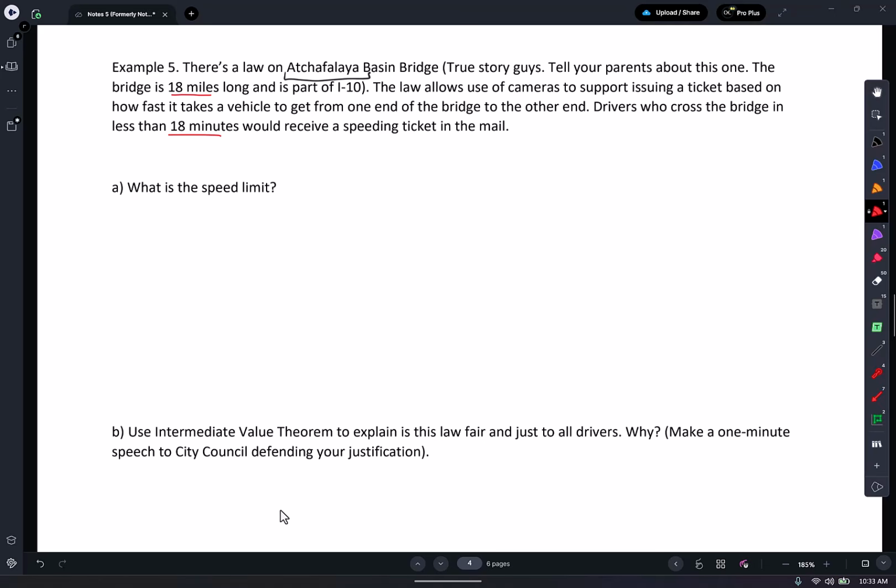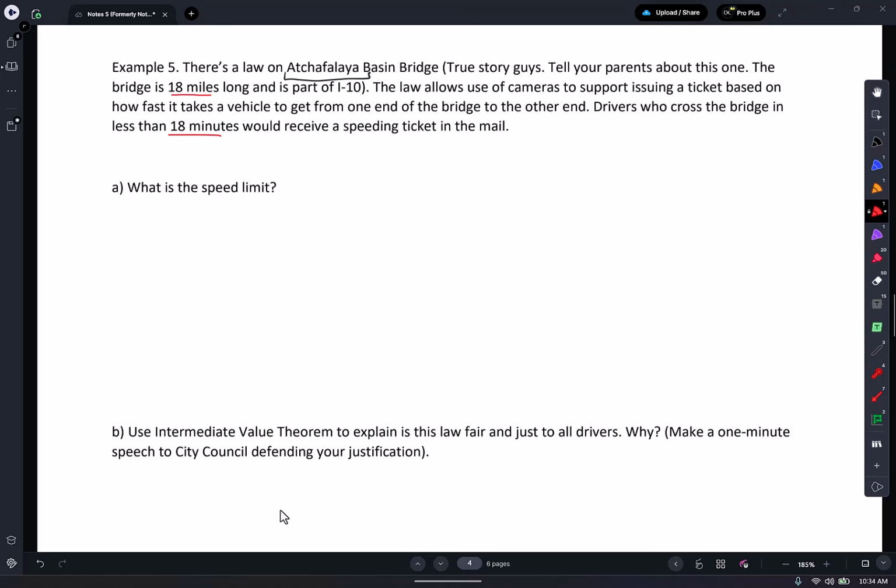It takes a picture of your license plate when you get in, and another when you leave, takes that time, and calculates your speed. If your average speed is above 60, guess what? Ticket. But if you do a quick mini stop, is this making sense, guys?